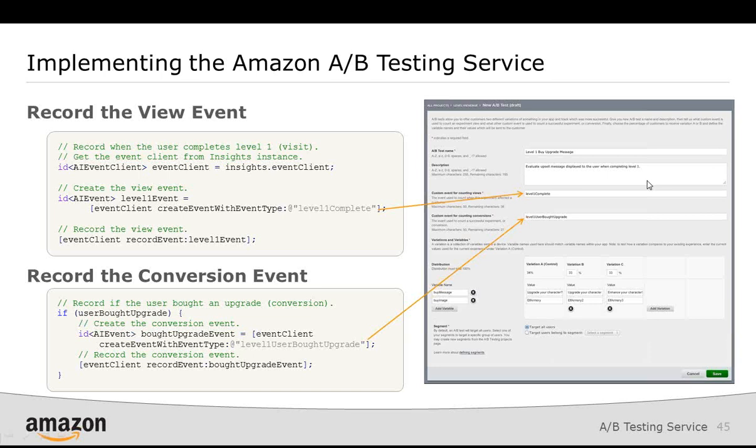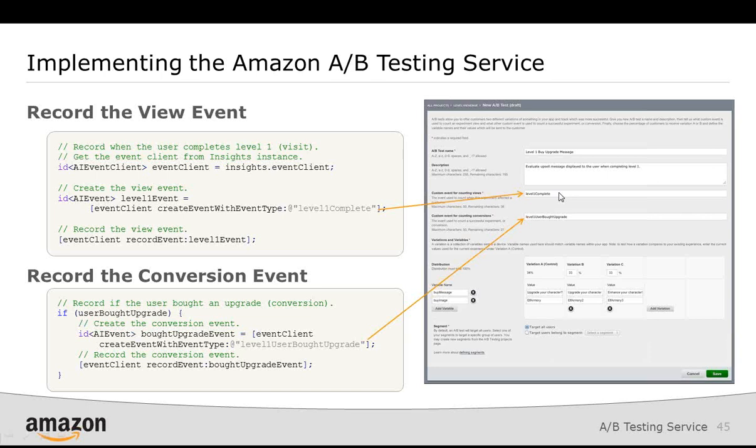This little code snippet here at the top shows how to create the event and record the event to the Amazon service. And then again, you want to confirm that the name of the event specified in the create method is the same as the view event name specified in the A/B test configuration. It's kind of small, it might be hard to read, but you can see that it's level 1 complete is the event type, and that's also the name that we specified when we set up the test.